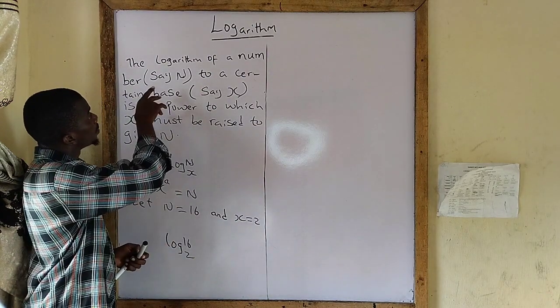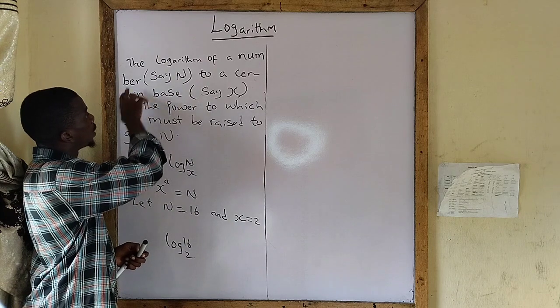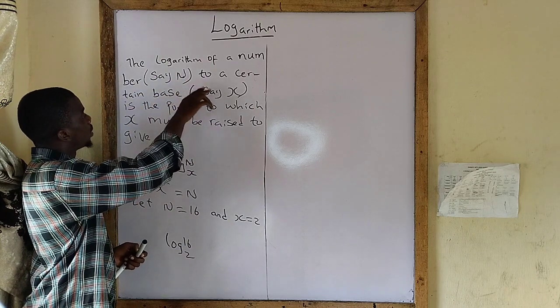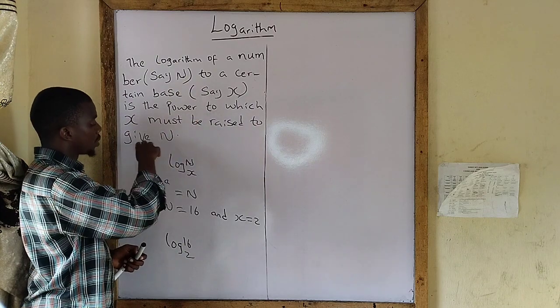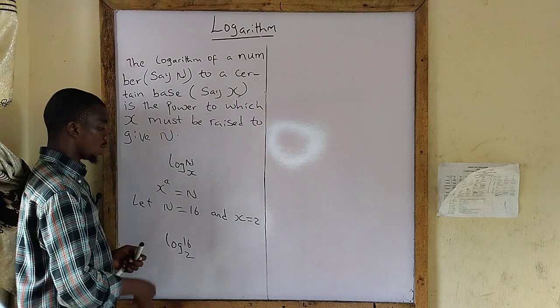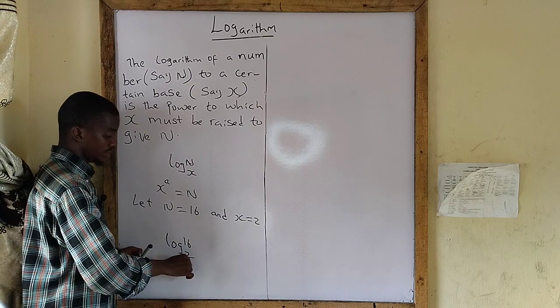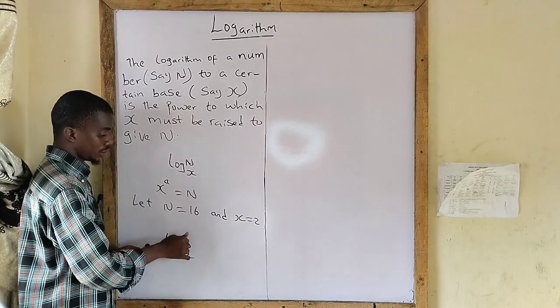Remember, the logarithm of a number n to a certain base x is the power to which x must be raised to give n. It is the power to which the base will be raised to give us 16.